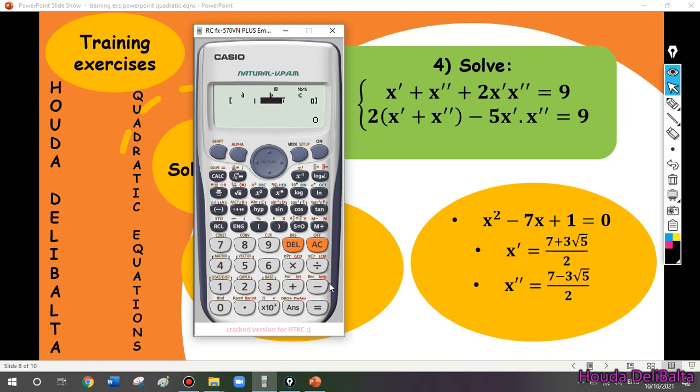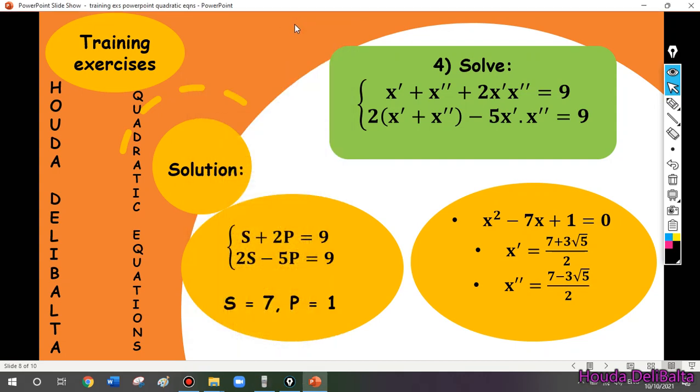B is that of x, which is minus 7. And c is the constant. And finally, as you see here, the first root is 7 plus 3 radical 5 over 2. The second root is 7 minus 3 radical 5 over 2. And by this, I solved the system and I found x prime and x double prime.